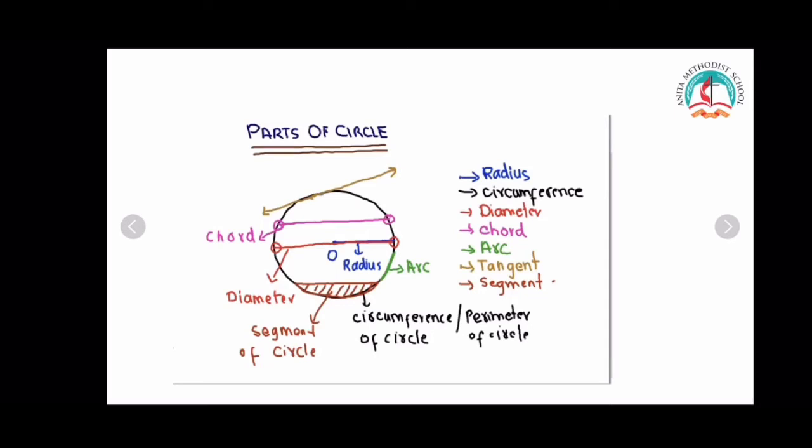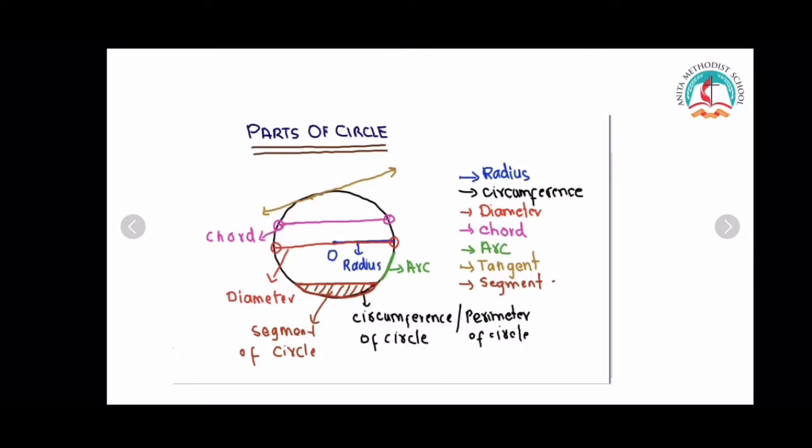Segment is the part of the circle bounded by an arc and a chord. Now let's see here that this is the chord and this is the arc, as we have already discussed the concept of chord and arc. The chord does not pass through the center of the circle, and the arc is any part of the circumference of the circle.